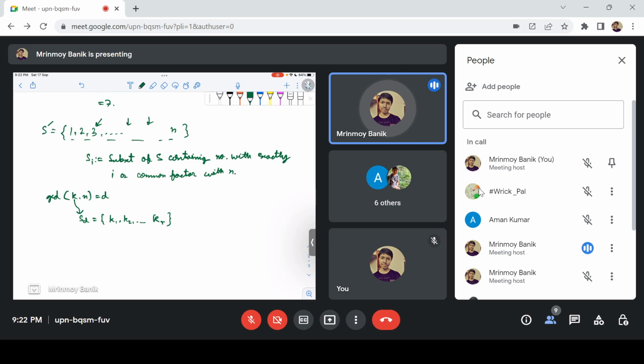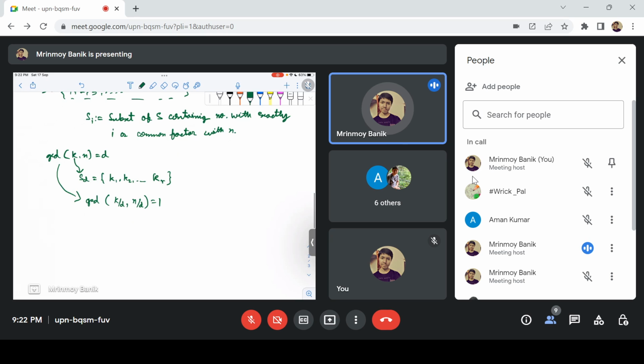So how many such numbers are there? You can just use properties of GCD to infer that this implies GCD of k by d and n by d is 1. Both of them have only d in common, so if we divide d out, they are left with nothing in common. So GCD is 1.